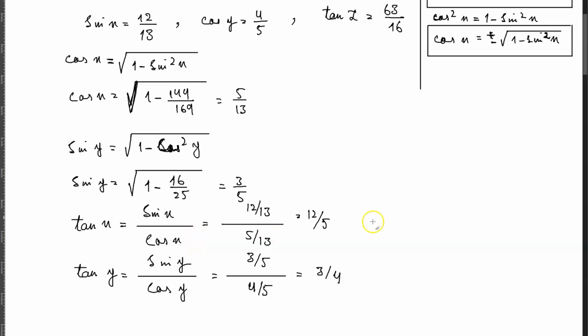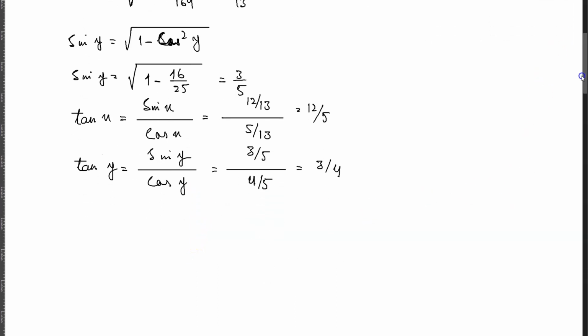Now I can use the formula that we discussed before, meaning that we said that tan of x plus y is equal to tan x plus tan y over 1 minus tan x tan y.